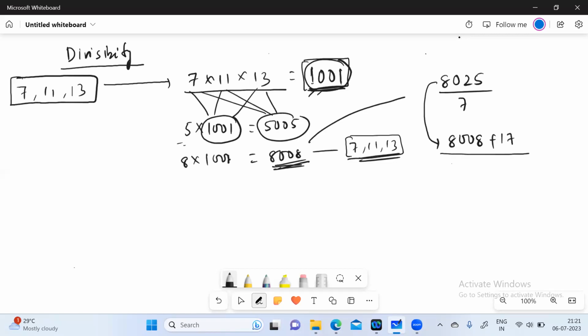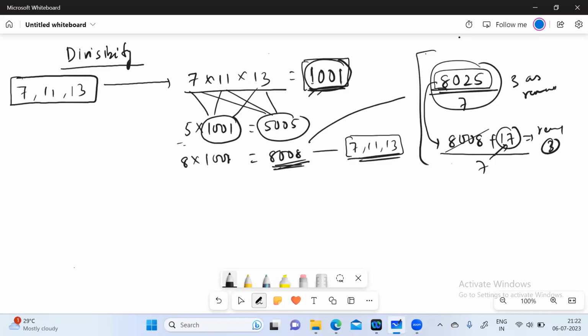Now what we know is that this gets divided by 7, and this doesn't get divided by 7, so this number will not get divided by 7. And the remainder that we get here will be the remainder of this division also. So we see that the remainder is 3 here, so after this division, we'll also get 3 as remainder.